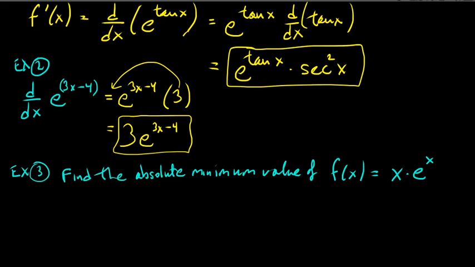First thing to note is that the domain is all real numbers. X can be positive or negative, and so can the exponent. The next thing we want to do is, what do we mean by absolute minimum?